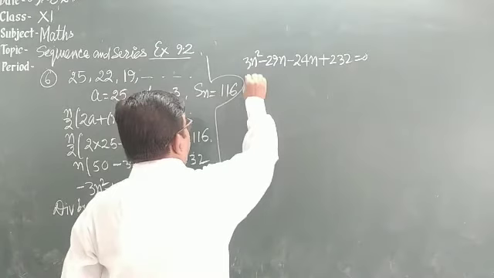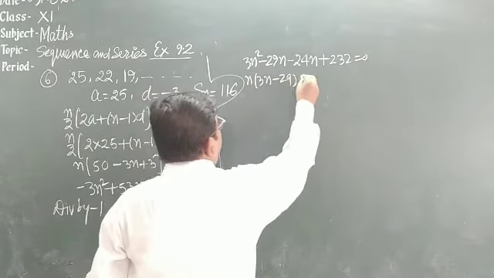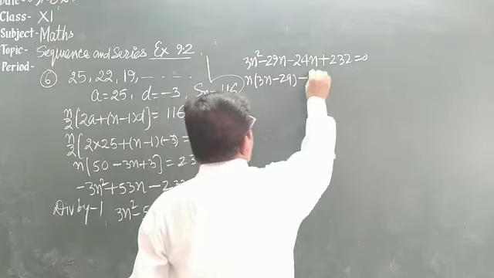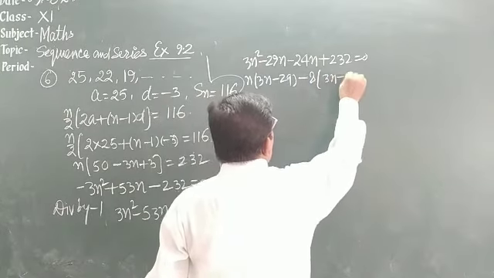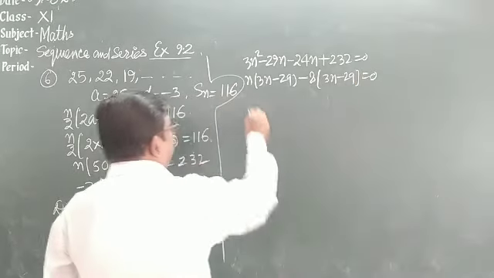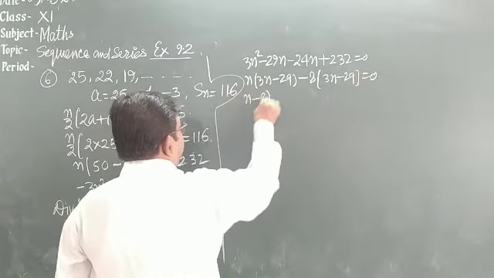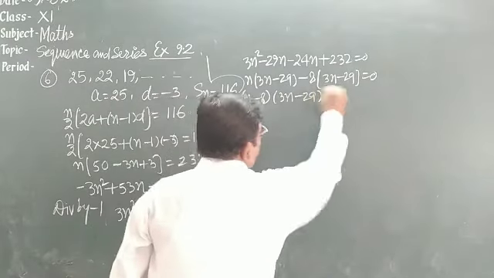Here n minus 8 is common. We have the factors n minus 8 and 3n minus 29 is equal to 0.